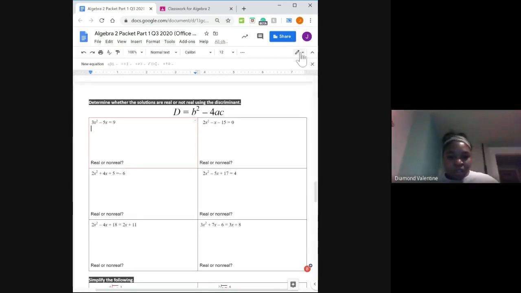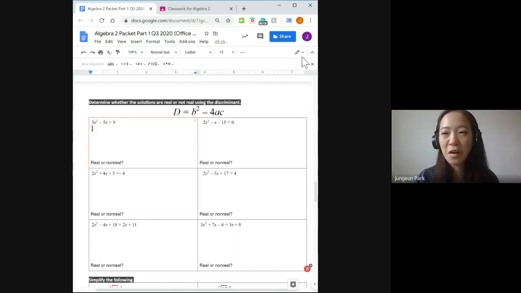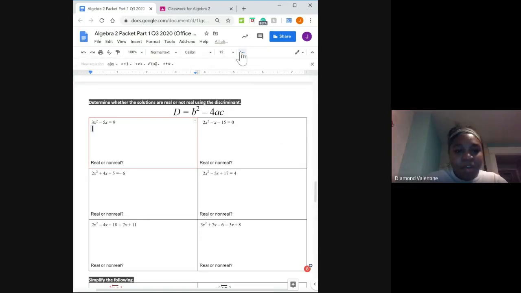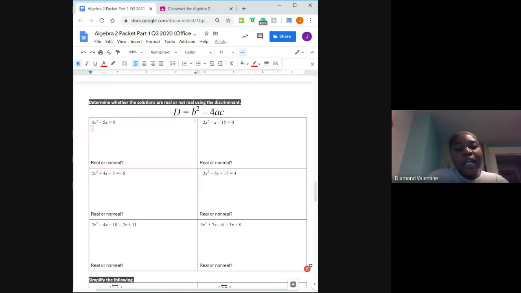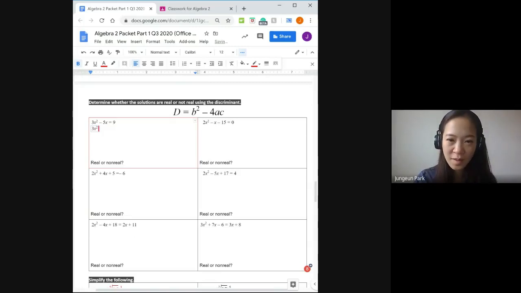What I'm getting at from the example on the top is, since you have your b squared, which is 3x squared, you would subtract that from 5x. 3x squared minus 5x, you would do that.